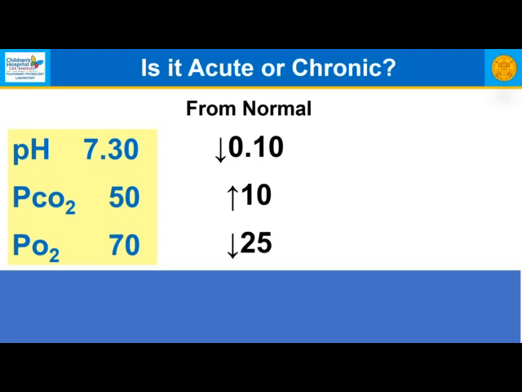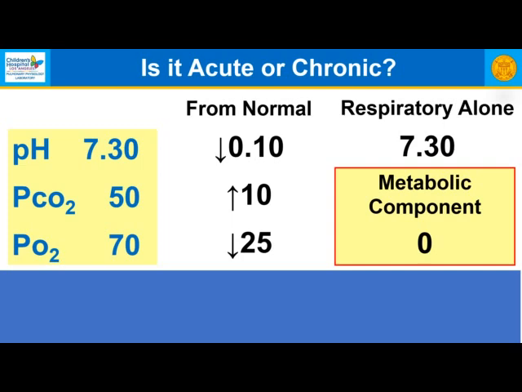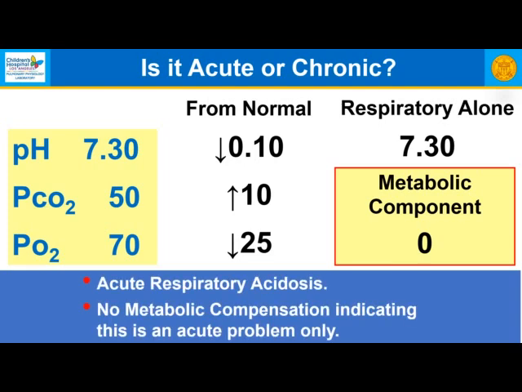So let's look at the blood gas. The pH is down 10 hundredths of a unit, and PCO2 is up 10 torr. For a PCO2 of 50, we would expect a pH that's down 10 hundredths of a unit, or 7.30. So there's no difference here, no metabolic component. So this is respiratory acidosis without any compensation.